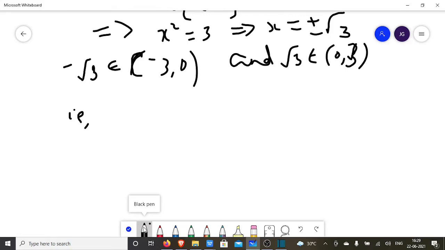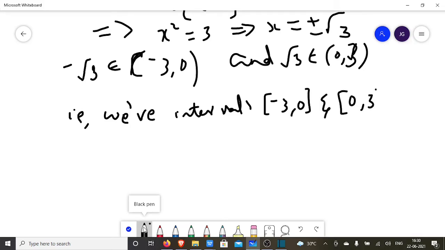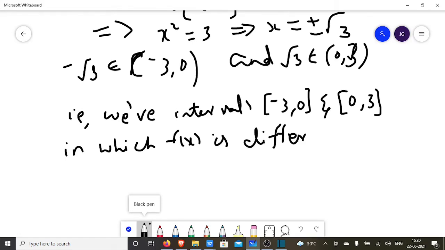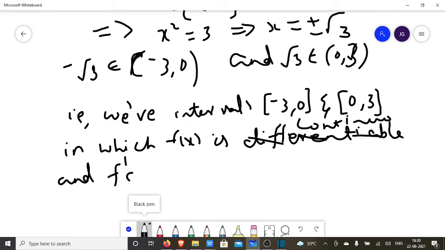That is, we have the intervals [minus 3, 0] and [0, 3] in which f of x is differentiable and continuous, and f dash x exists in (minus 3, 0) and (0, 3).